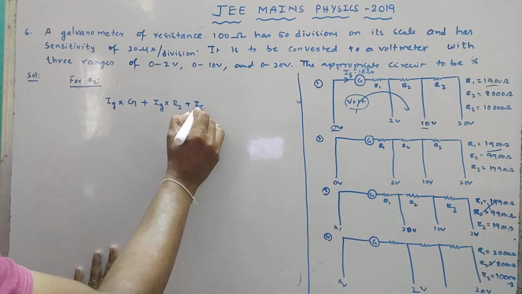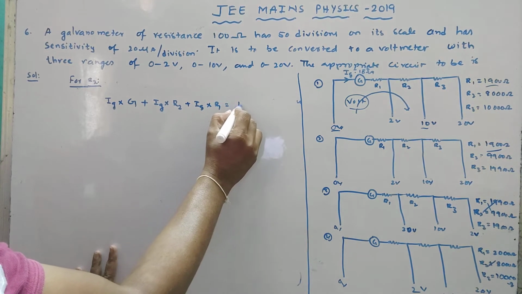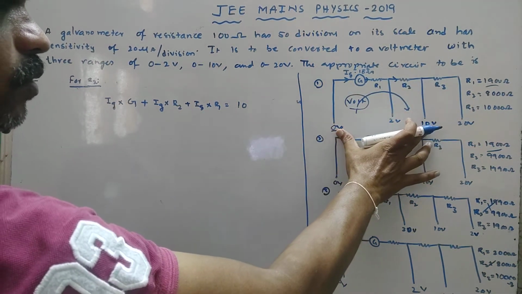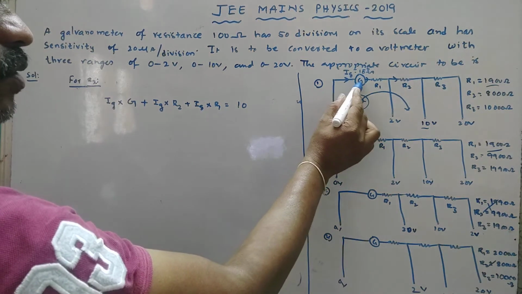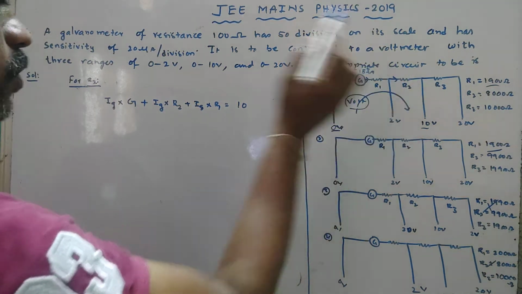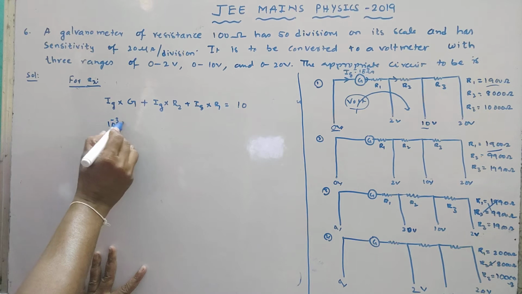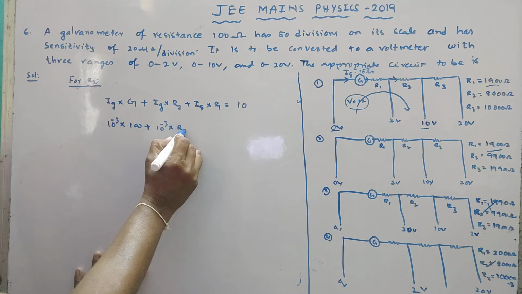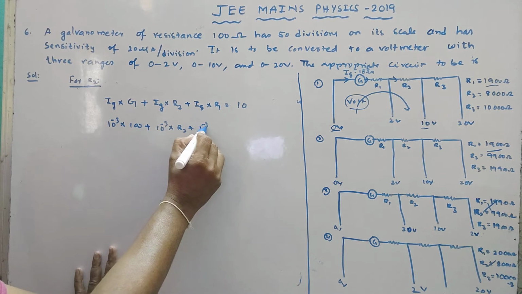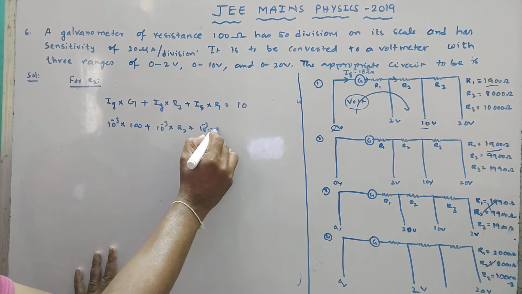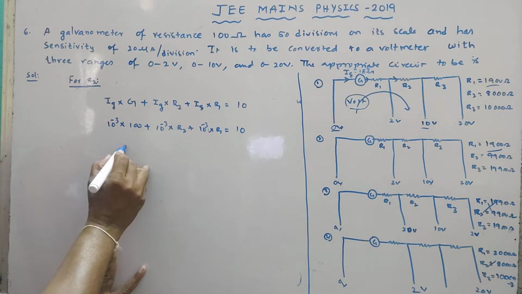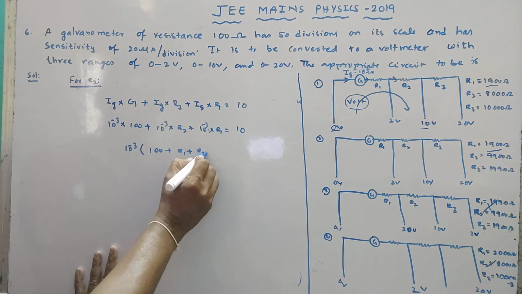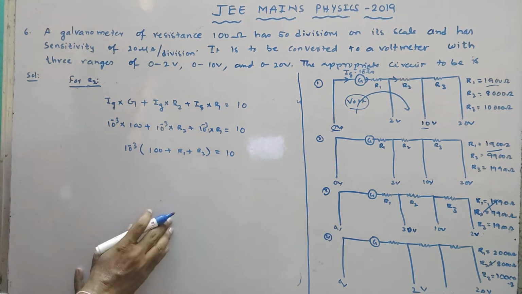So Ig into R1 equal to 10 volts. So Ig into G, Ig into R1, Ig into R2: 10 power minus 3 into 100, 10 power minus 3 into R2, 10 power minus 3 into R1 equal to 10. Taking 10 power minus 3 common, 100 plus R1 plus R2 equal to 10.